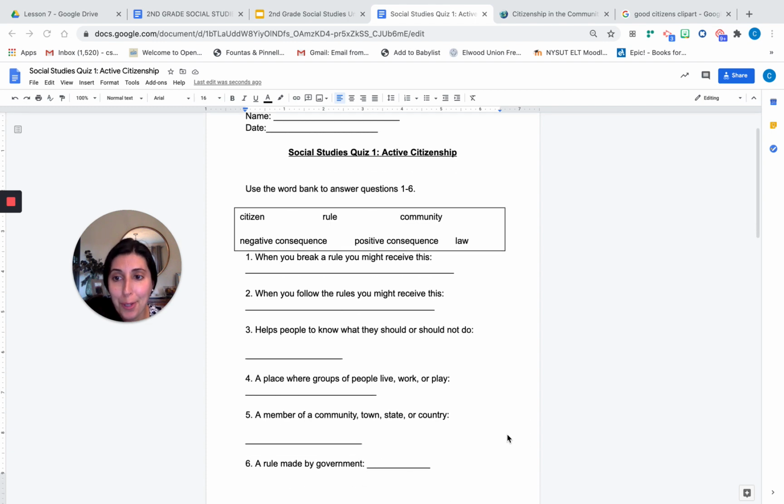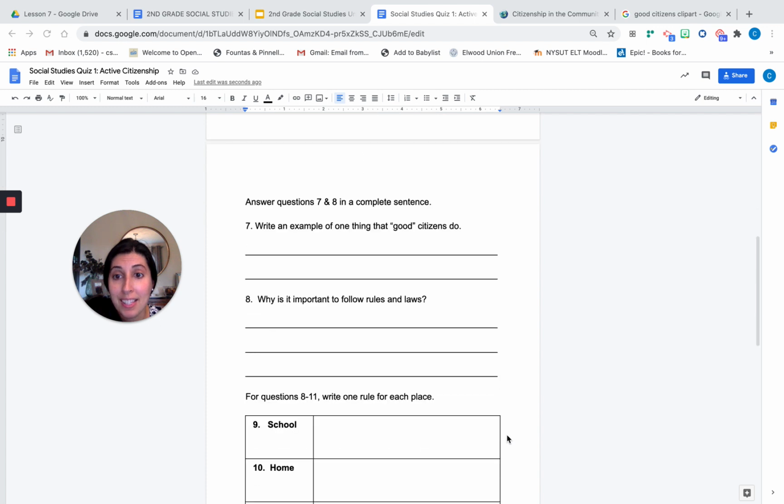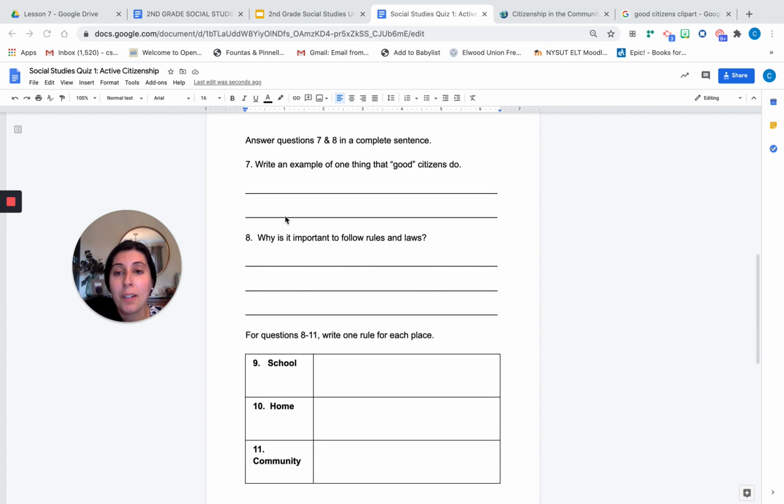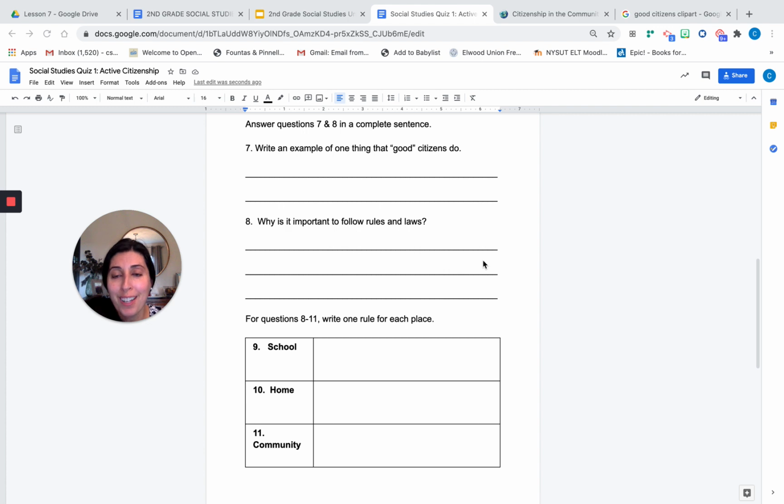Okay, so after you're done with that part, we're going to go on to this next part. The next directions say, answer questions 7 and 8 in a complete sentence. So remember, everyone, a sentence needs to start with a capital letter and end with punctuation. Don't forget that, okay?